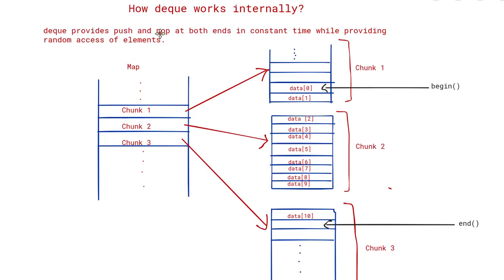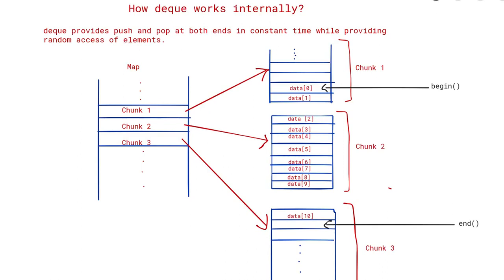So it provides push and pop at both ends in constant time, and it also provides random access of elements like an array, not like a linked list. You may think that in a linked list you can push and pop from both ends using pointers, but if you want to reach the end of the list and you don't have any tail pointer, it will take linear time. But in Deque we can do that in constant time.